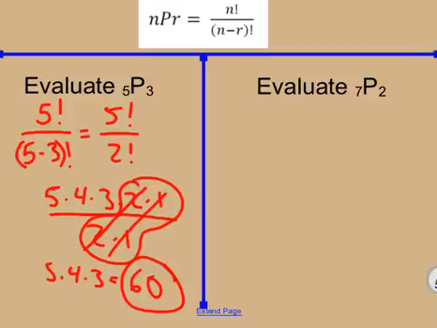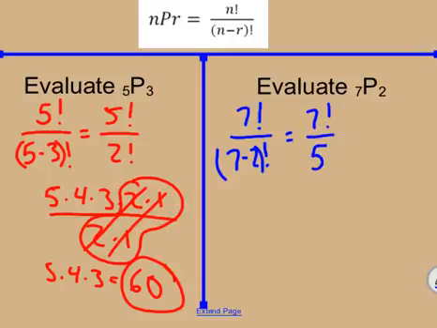When I do 7P2, 7 factorial over 7 minus 2 factorial, you're going to get 7 factorial over 5 factorial. So like I did before, 7 times 6 times 5 times 4 times 3 times 2 times 1.